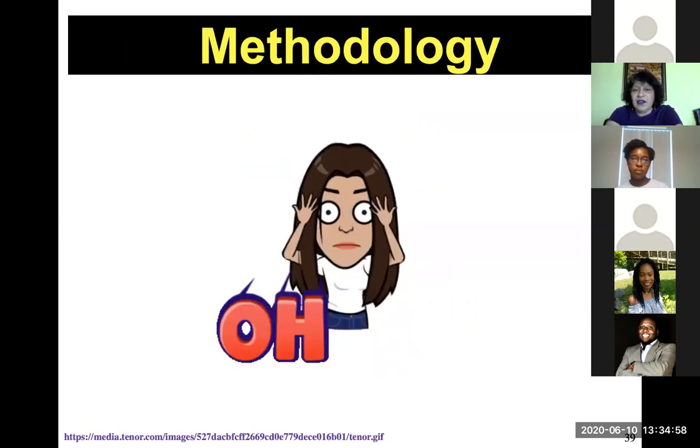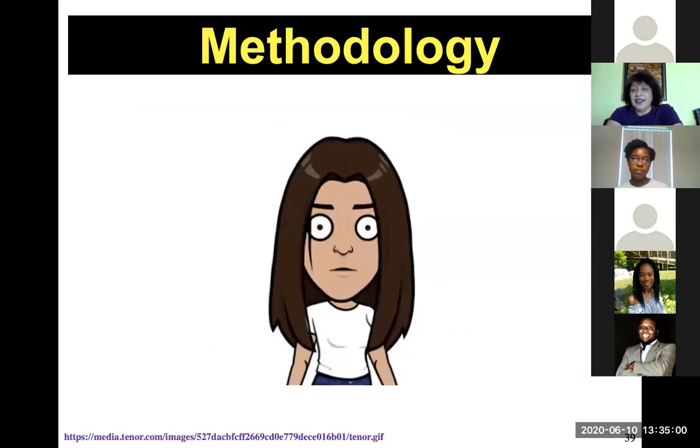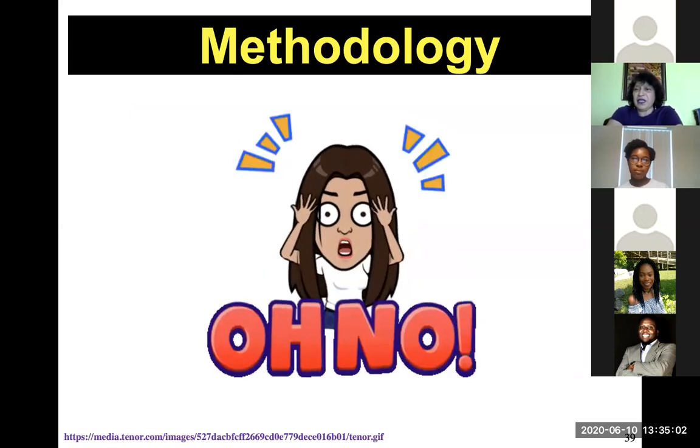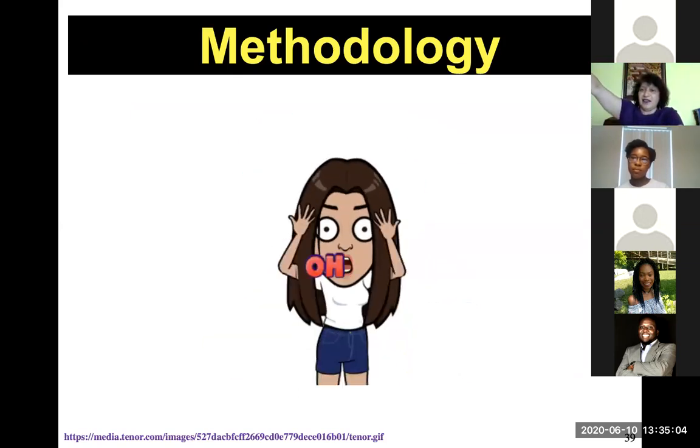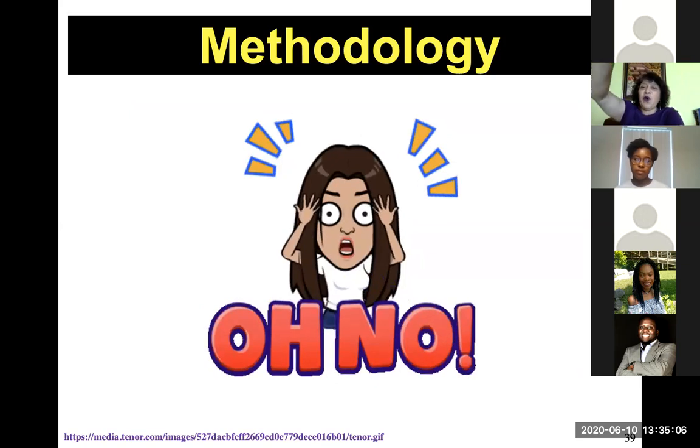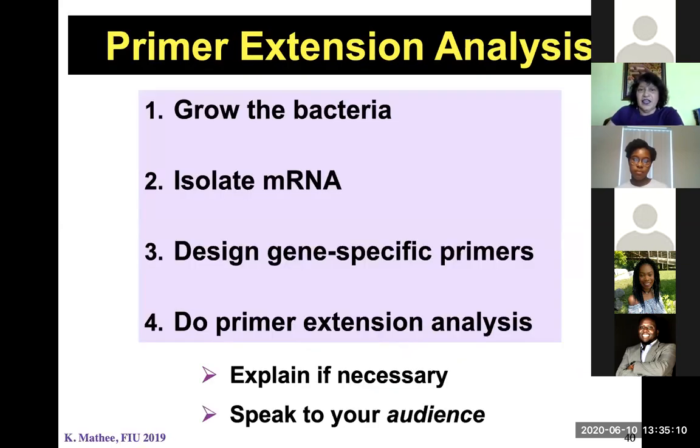So, methodology. I literally hate when somebody writes 'methods.' No, I want to know what the method was. So don't write methodology. For example, you say primer extension analysis, right? Now, if you're talking to a scientific audience, you don't waste time explaining what primer extension analysis is.